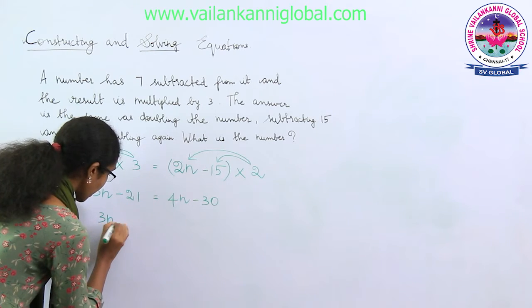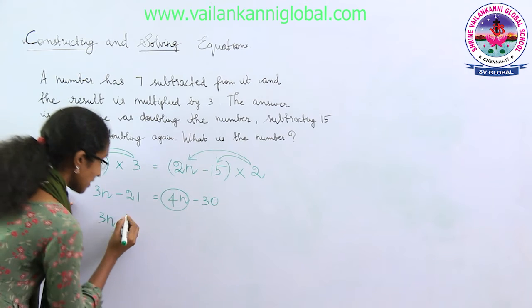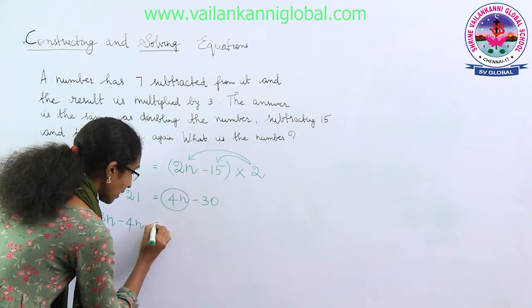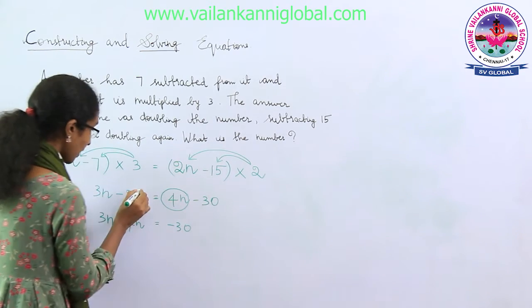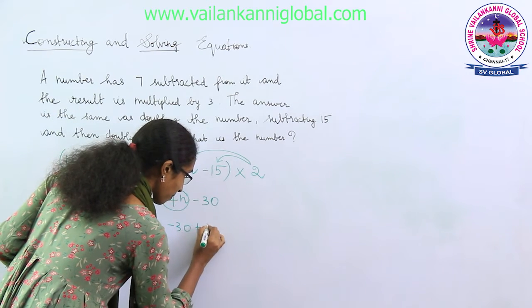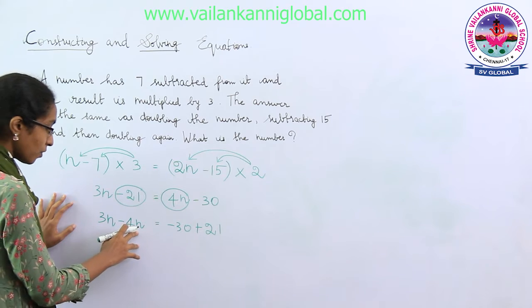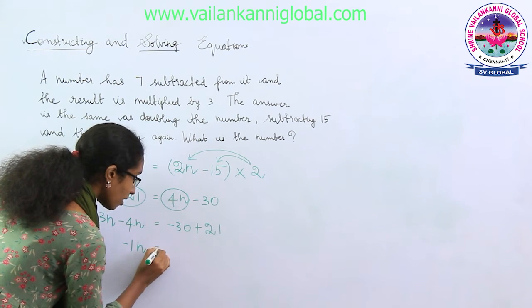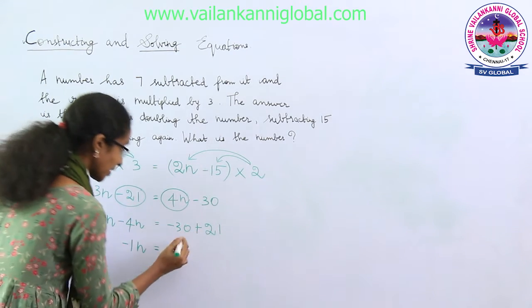So 3n and 4n, which is positive, when it comes to the other side becomes negative. So minus 4n equal to minus 30 is kept here, and 21, which is negative, when it comes to the other side becomes positive. So 3n minus 4n gives us minus 1n, and minus 30 and plus 21 gives us minus 9.